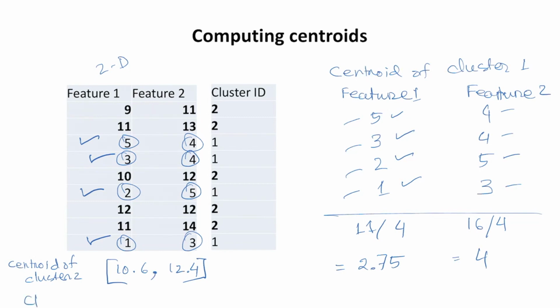Therefore, for cluster 1, the centroid is 2.75, 4. That means our representation for cluster 2 is this point, and our representation for cluster 1 is this point. Now let me ask you a question.